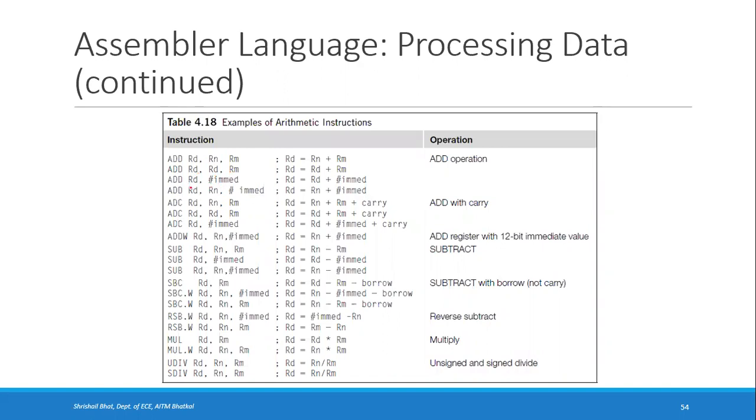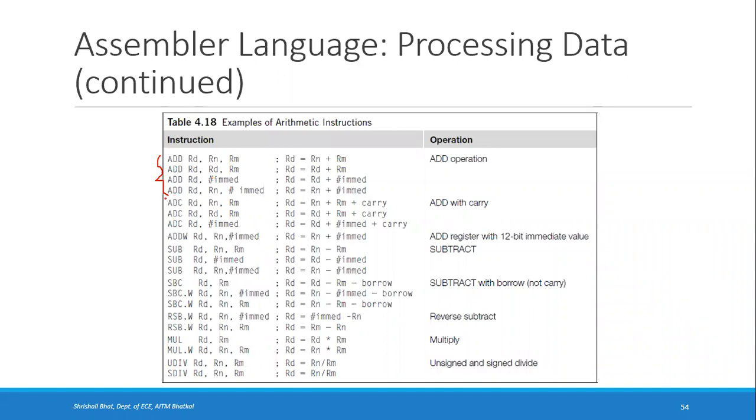That means you're adding Rd with immediate data, storing the result in Rd itself. ADD Rd, Rn, #immediate. You're adding Rn with an immediate data, then storing the result in Rd. Here Rd means it can be any register. Similarly, Rn can be some other register, Rm can be some other register. So it's an indication that they are different registers. So this is just adding the contents of registers and a register with an immediate data.